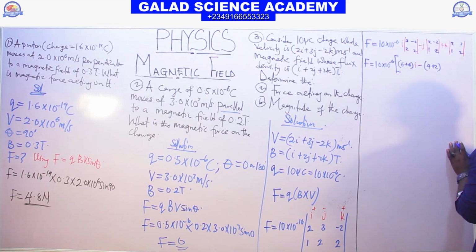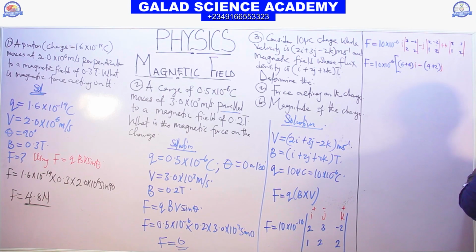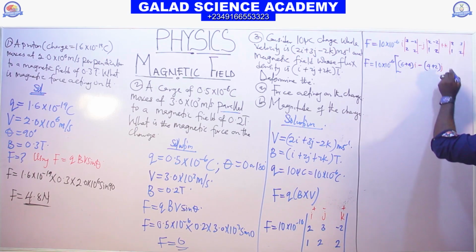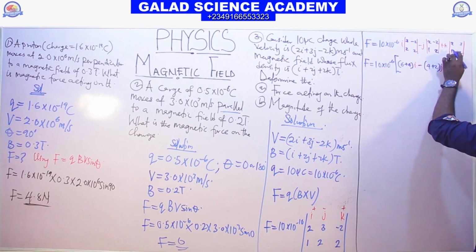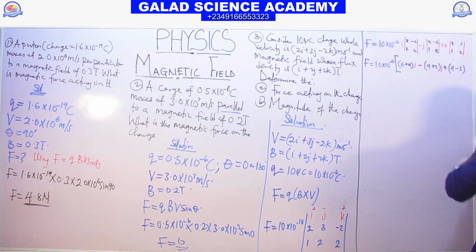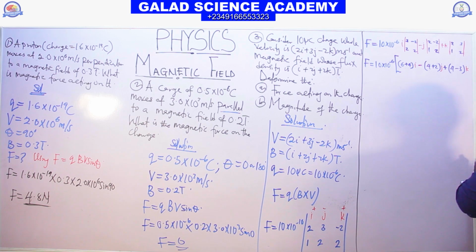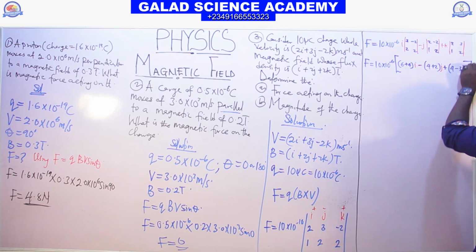Plus k: 2 times 2 is 4, 2 times 1, minus 3. Good, we are left with k. So bring this down.